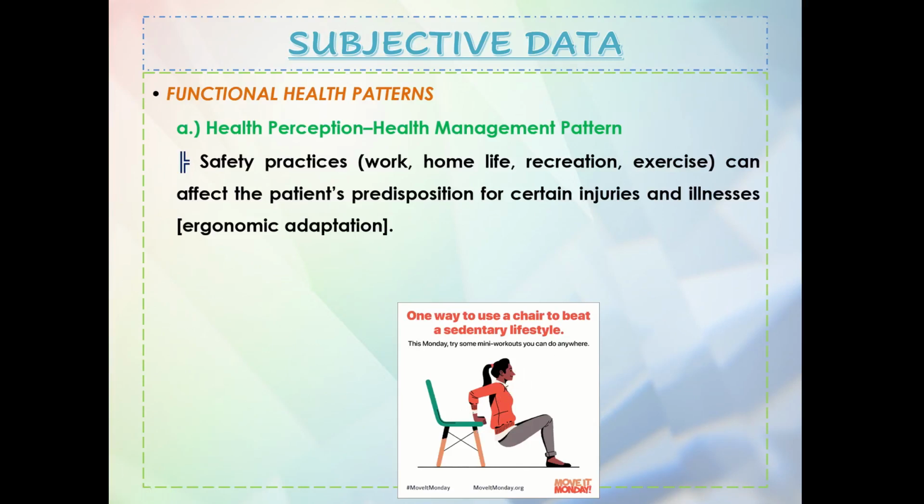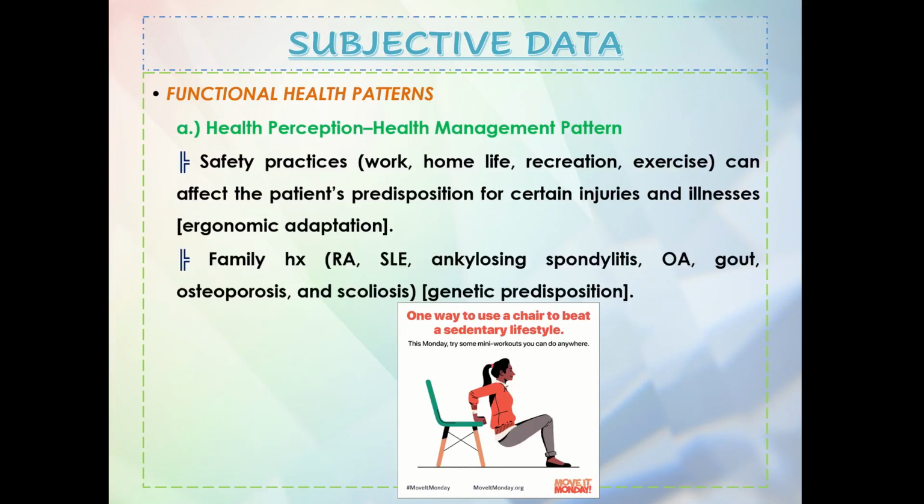Okay? So ergonomic adaptation. And then family history. So we ask the patient kung meron sa pamilya nila na nagkaroon ng, for example, rheumatoid arthritis, systemic lupus erythematosus, ankylosing spondylitis, osteoarthritis, gout, osteoporosis, and scoliosis.